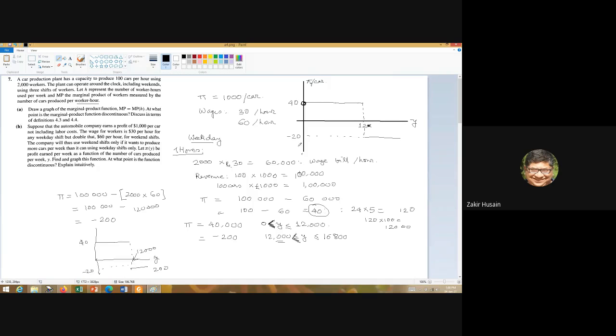Technically, you can also think that if y is 0, it will be over here. So if y is 0, you start from here. Once you start production, profit moves like this. Weekend, it moves like this.